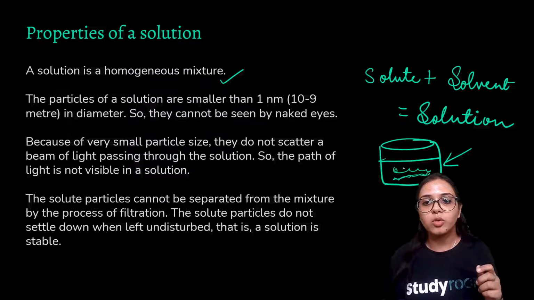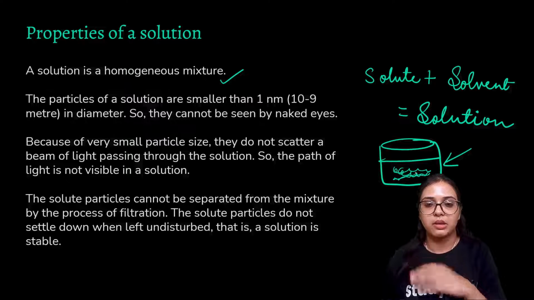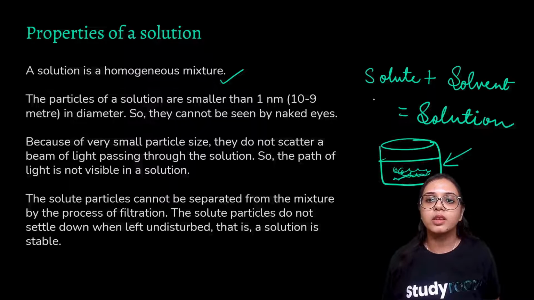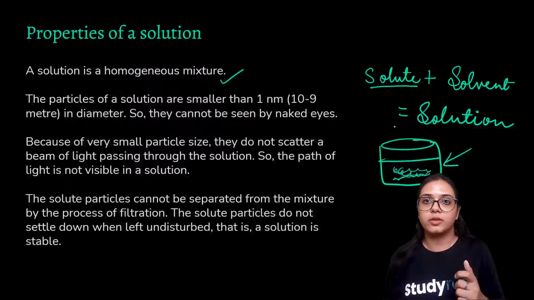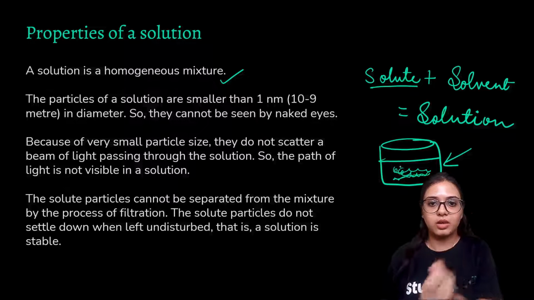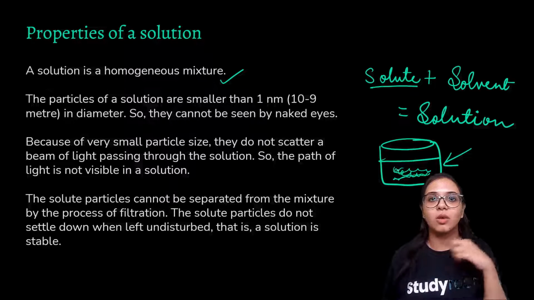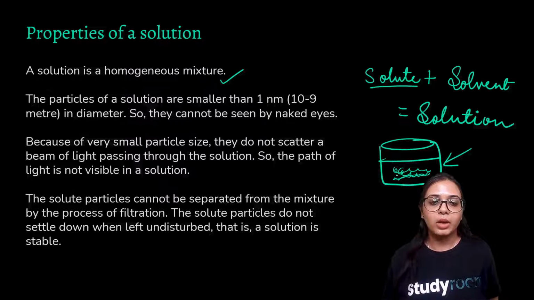If there is no object that is supposed to reflect light, then how can light be scattered? Because the solute is uniformly distributed in the solvent in a homogeneous mixture, light passes through and is not scattered. So the path of light is not visible in a solution.